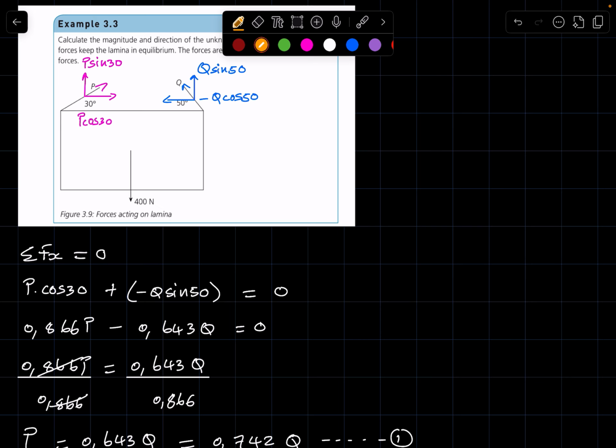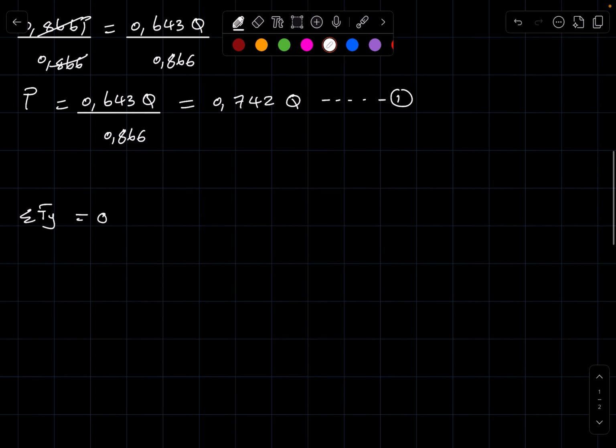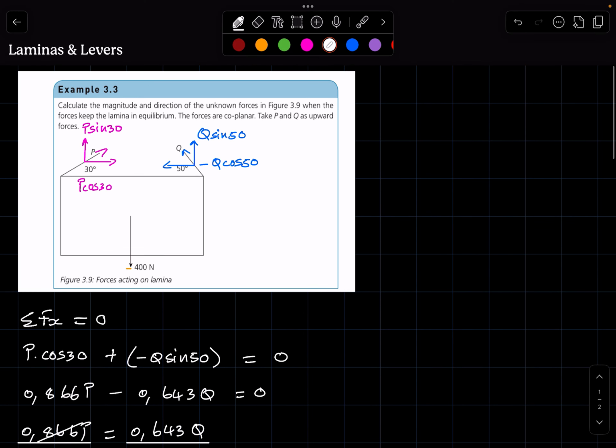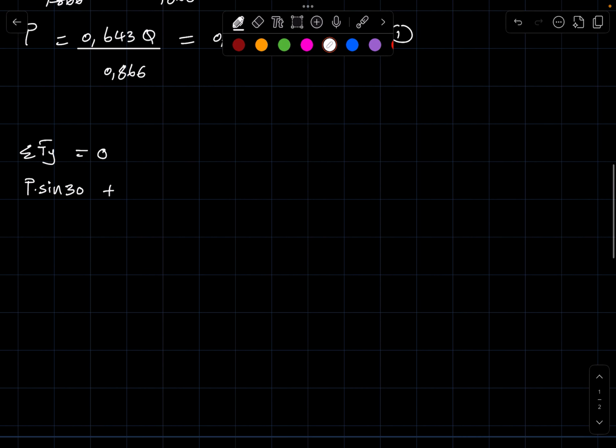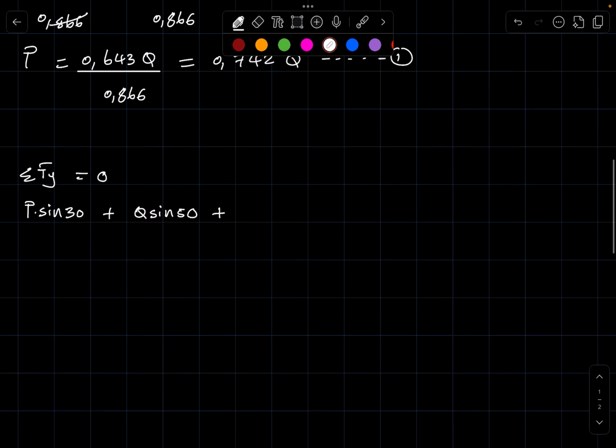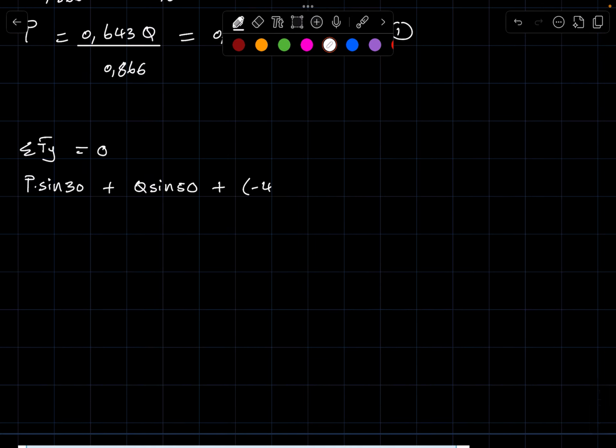It is headed south, so we are going to take that one as negative. P sine 30 is headed upward, positive P sine 30 plus, then Q is also headed upward, so it's positive Q sine 50 plus the 400 headed downward, which is negative 400, is equal to 0.